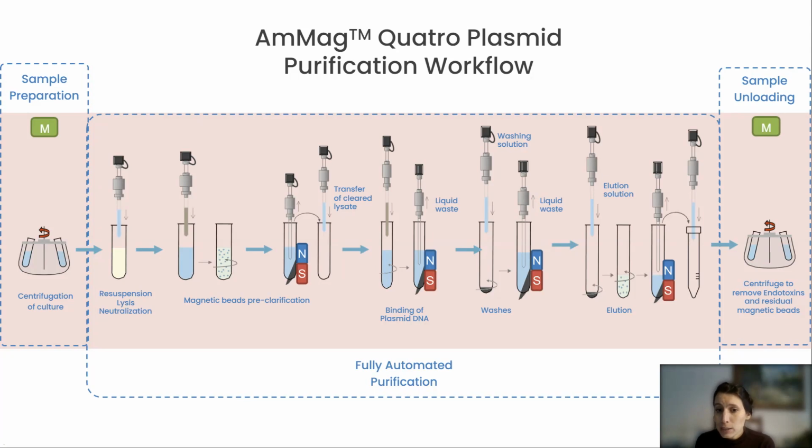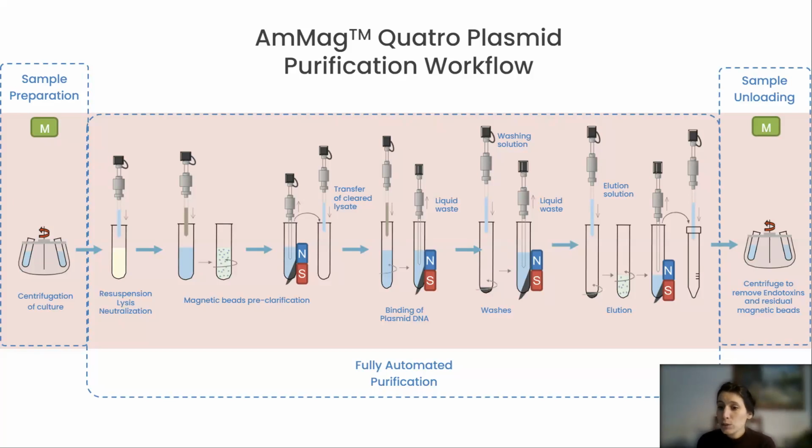At the very final step, which you probably remember, I showed that single green tube. That single green tube contains a filter, a resin, and at the end of this purification, the system is going to take the eluent and dispense it into that filter bed. That filter bed is going to be removed by the scientist, capped and centrifuged offline.